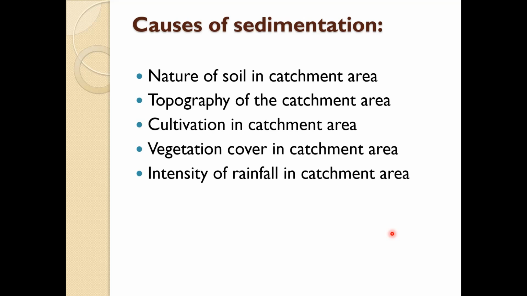Then the cultivation and the vegetation cover in the catchment area. If the vegetation is more, then obviously the silting is less, because the roots hold the soil or the loose particles. And the intensity of rainfall in the catchment area. If the intensity is more, then the erosion is also more, and because of this the sedimentation is also more.